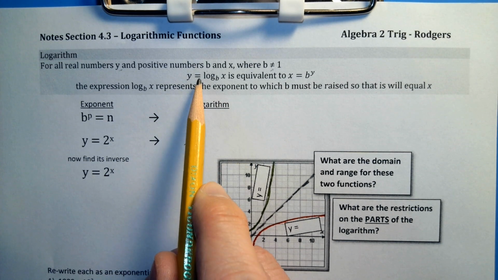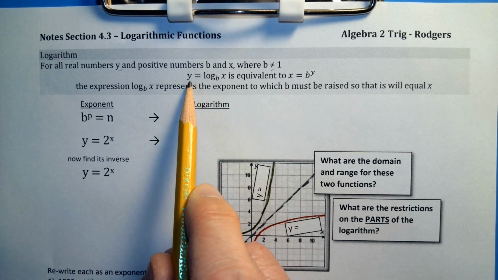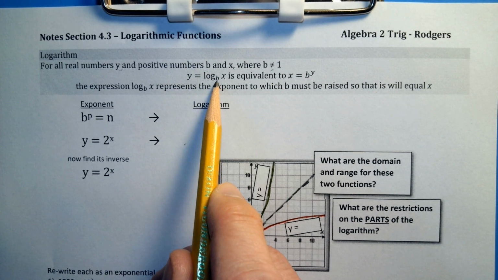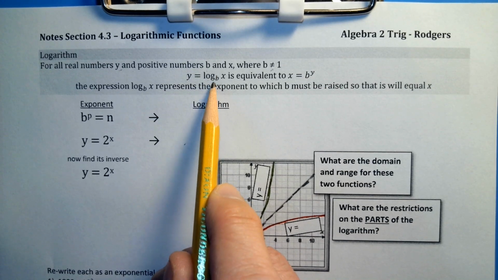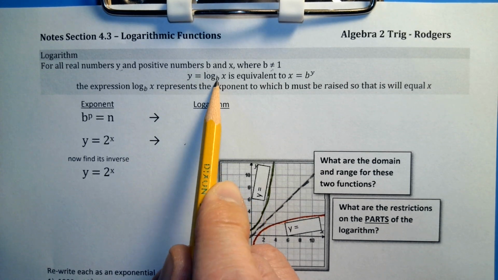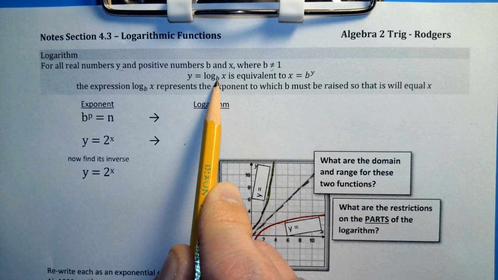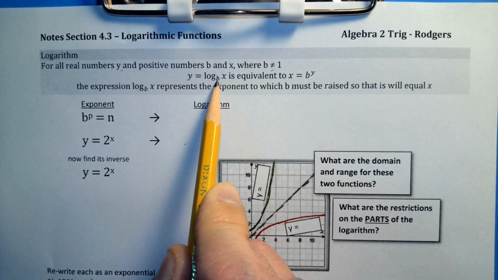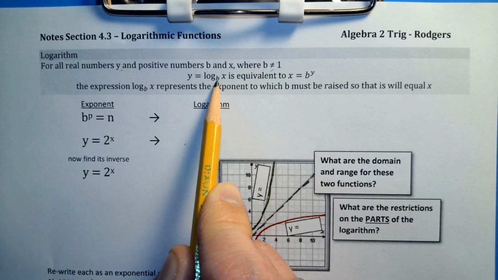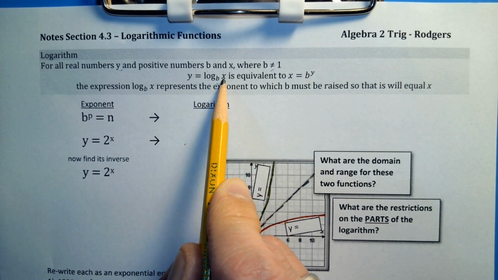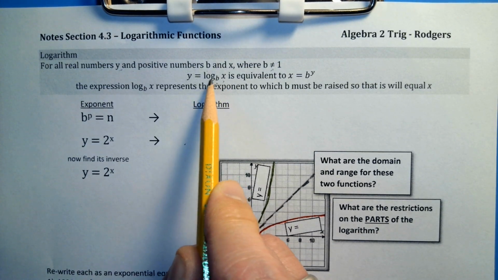Then y equals log base b of x. The b is smaller and lower than the rest of the letters, like a subscript. It's usually going to be a number, and it is the base of the log. And again, none of this is going to make sense until we play around with it a lot, and then you'll feel more comfortable with it. So x is the argument of the logarithm.